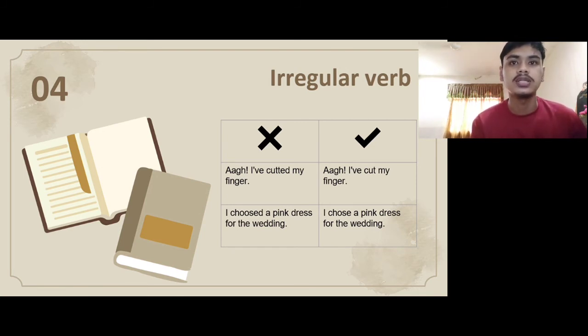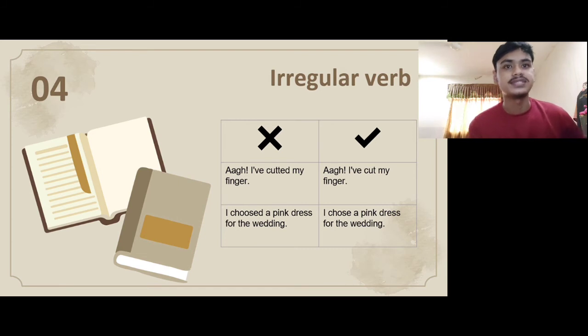It's so much harder to understand irregular verbs compared to regular verbs. But if you learn more about it, you will see the difference. Next example is, "I choosed a pink dress for the wedding." This sentence is incorrect because if we want to make the verb choose into past tense, we cannot use the regular spelling pattern by adding d at the end of the verb.